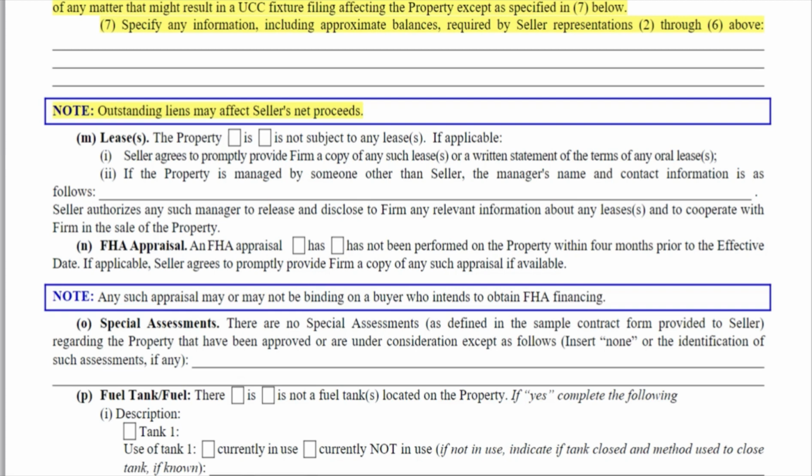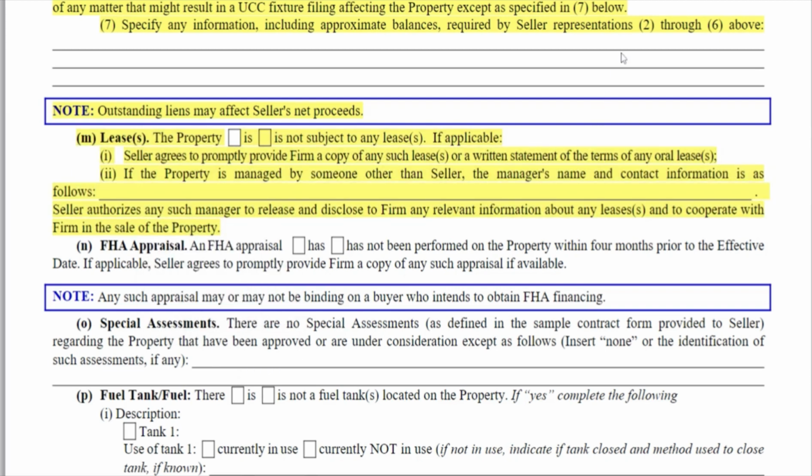But when we start going through this process and the attorneys have pulled the title search, we have seen that there was a mechanic's lien out on the property that you didn't know anything about, and it's $10,000. Well, that $10,000 has to be paid at closing, and that comes out of your proceeds. So now you're only going to be netted $10,000. So that's what it's saying. Any liens that do come up, whether you know about them or not, are going to come from your net proceeds.